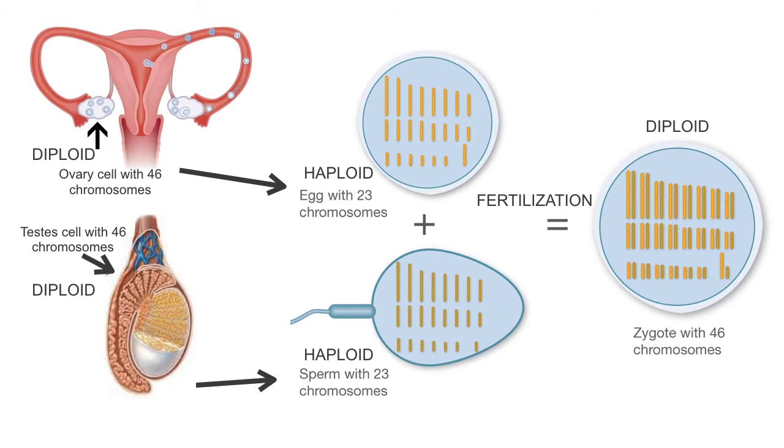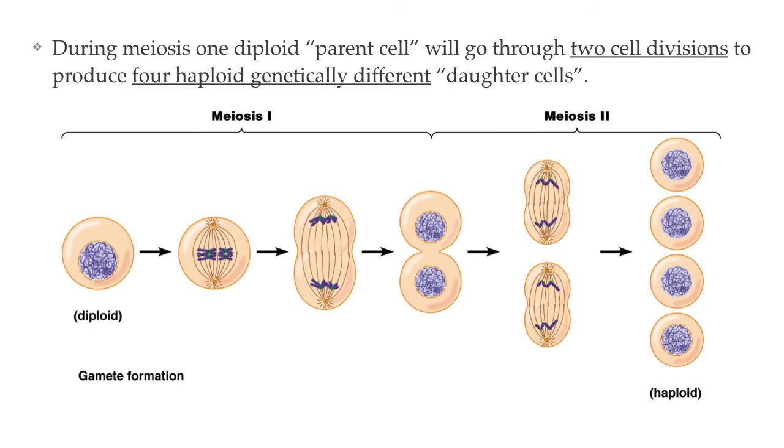a diploid zygote. So during meiosis, one diploid or parent cell will undergo 2 cell divisions to produce 4 haploid and genetically different gametes or daughter cells. So we always start with a cell that is diploid, that is found in the testes in males and in the ovaries in women.